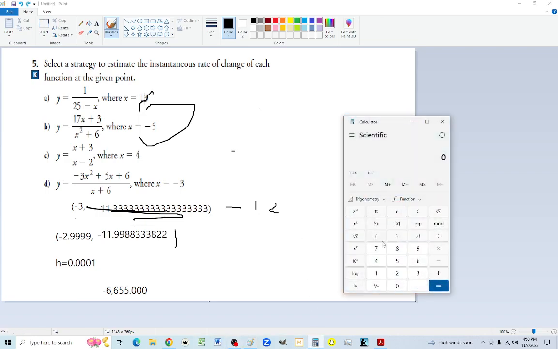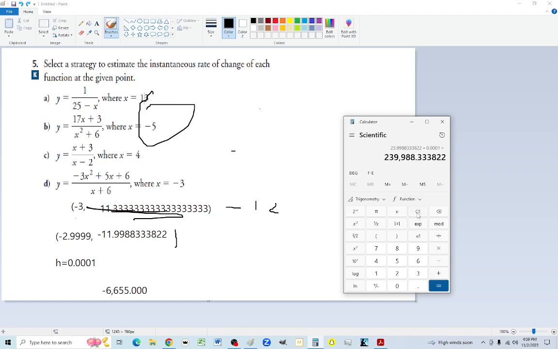So now we'll do it calculating, and that's why graphing calculators are superior sometimes. We're going to try it again: 11.9988333822, and we're going to subtract the real number, which ends up being plus 12, divided by my h, 0.0001, and hit equals.